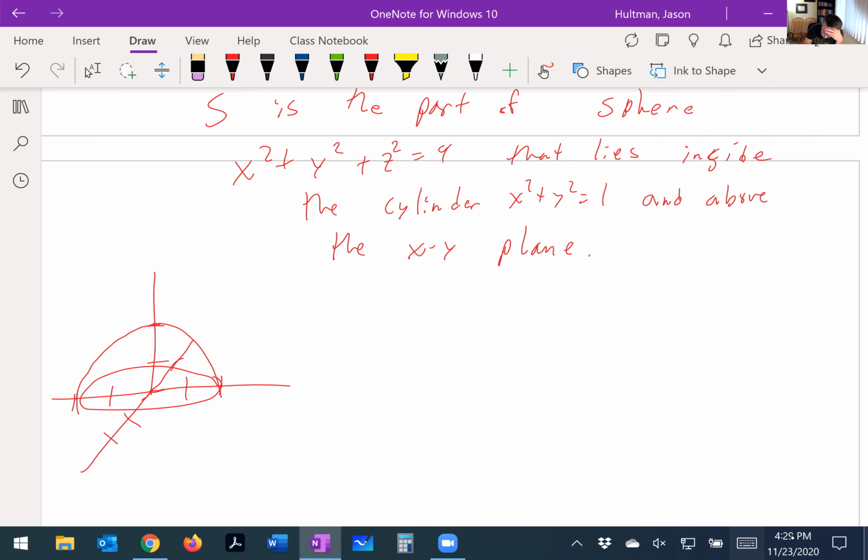Let's draw the cylinder in a different color. Let's try that again. Okay, so my cylinder.